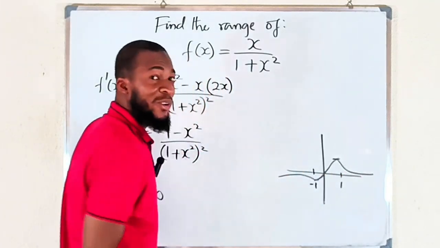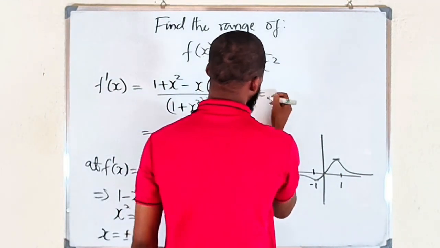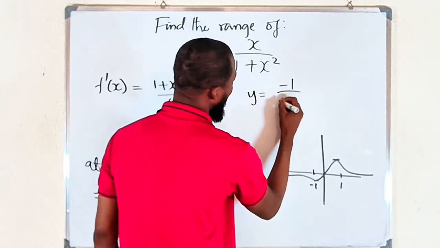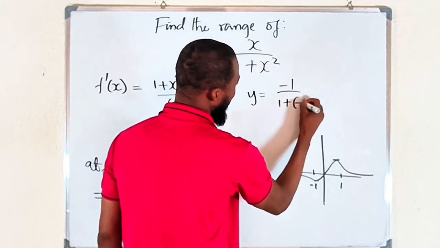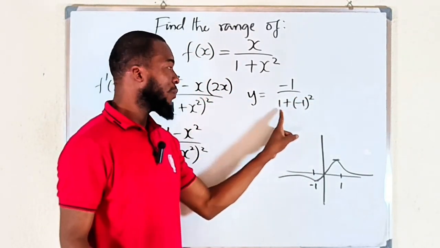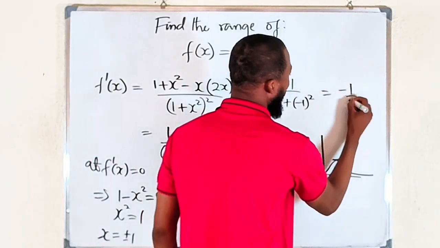So what will be the values of y? Let's start with negative 1. y equals negative 1 divided by 1 plus negative 1 squared. Negative 1 squared is 1, plus 1 is 2. So we have negative 1 over 2.